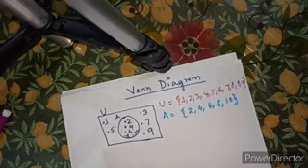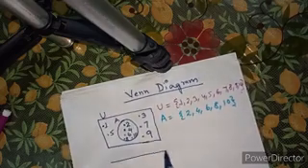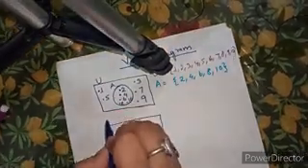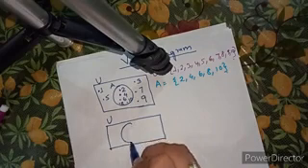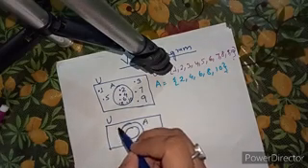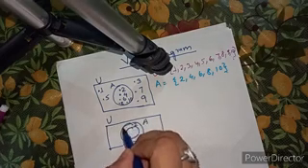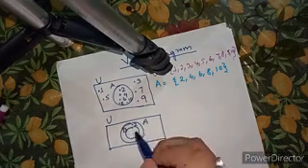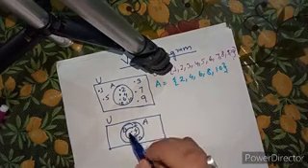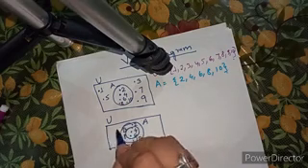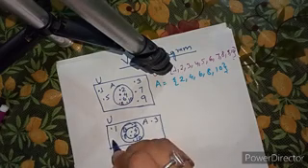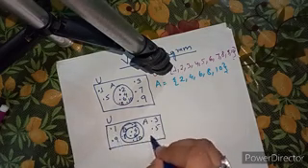So there are some more examples I can show. Suppose you have another rectangular box here, and suppose I am taking A, okay, and I am writing 2, B, 4, 6, 10, 8, 1, 3, 9, 5 and 7.